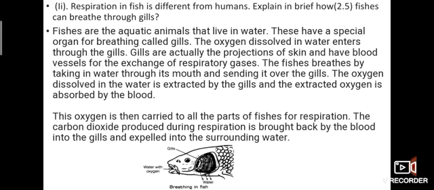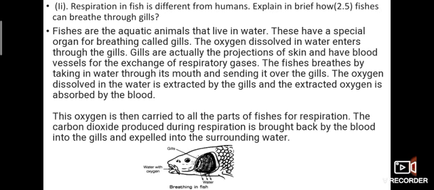As human beings, we have lungs. What is the function of lungs? Yeah, air purifier. So the fishes breathe by taking in water through the mouth and sending it over the gills. The oxygen dissolved in the water is extracted by the gills and the extracted oxygen is absorbed by the blood.